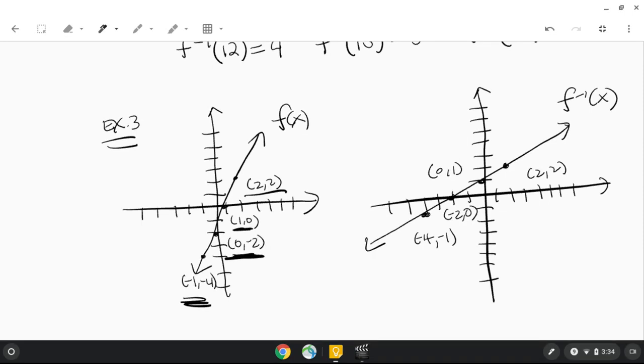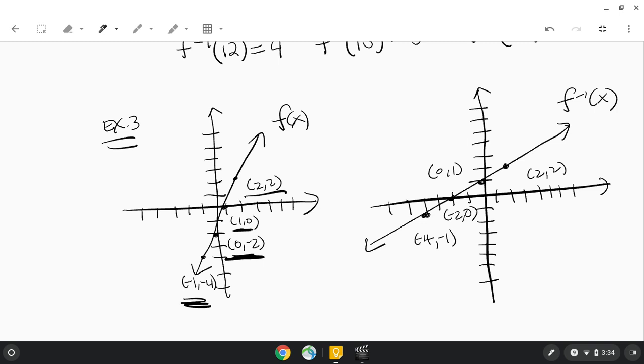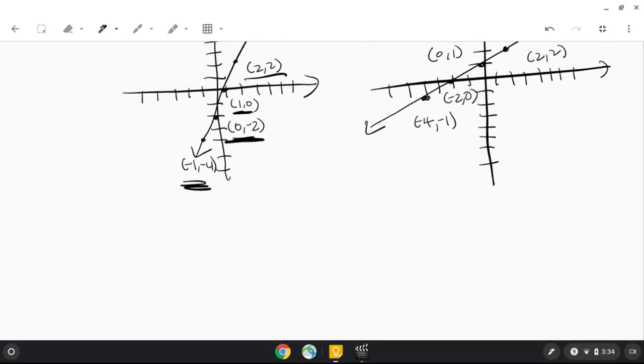So let's take a look at this next property about inverse functions. Inverse function property.